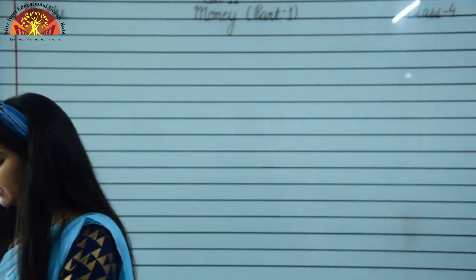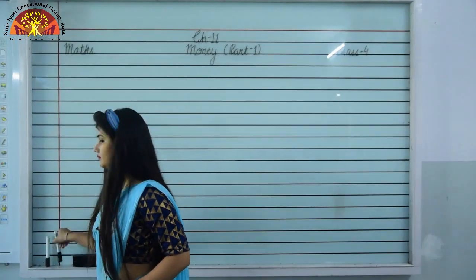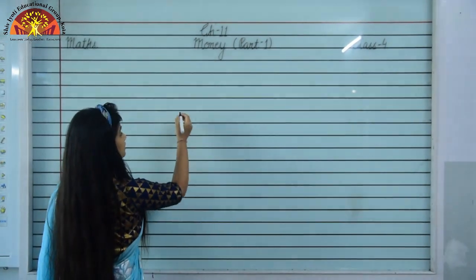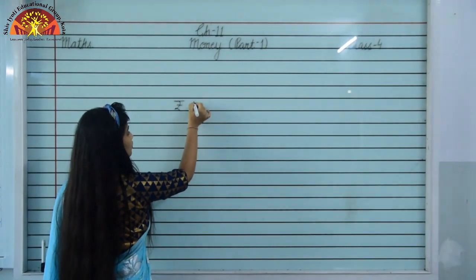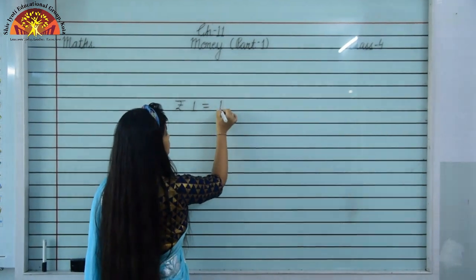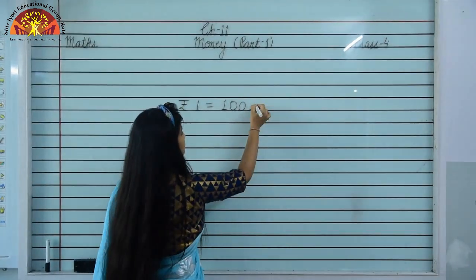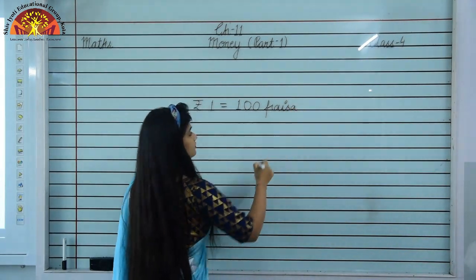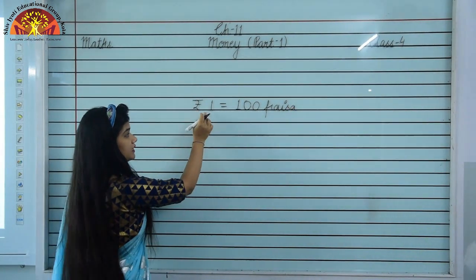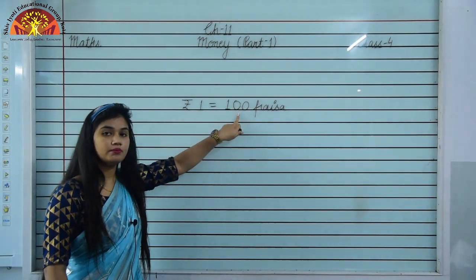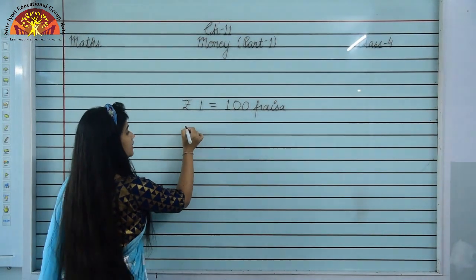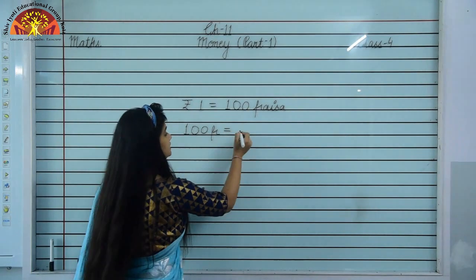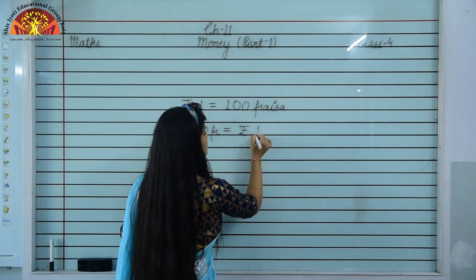So basically what we have seen here: rupee 1 is equal to 100 paisa. If I take rupee 1, it will become 100 paisa, and 100 paisa is equal to rupee 1.